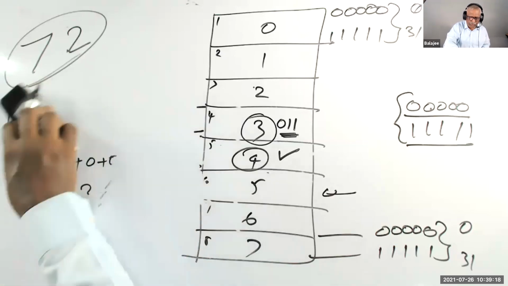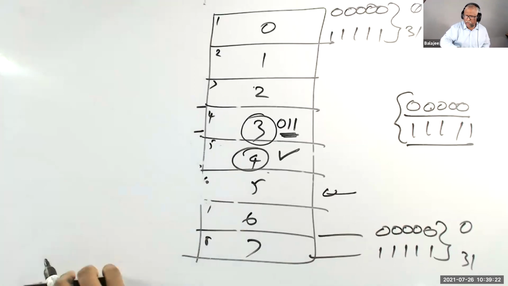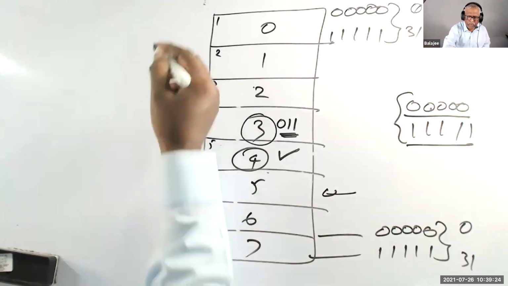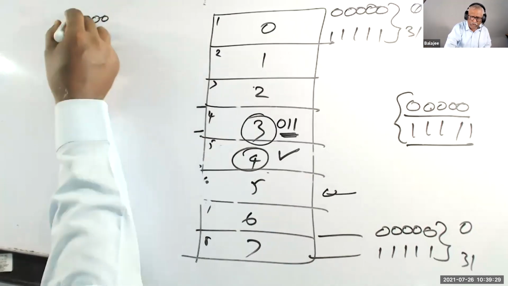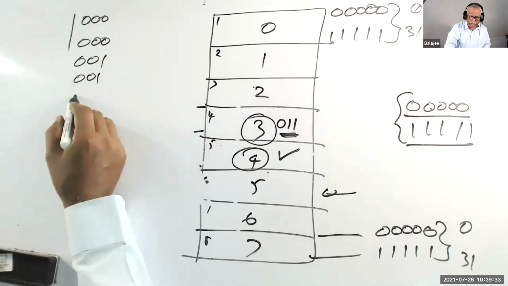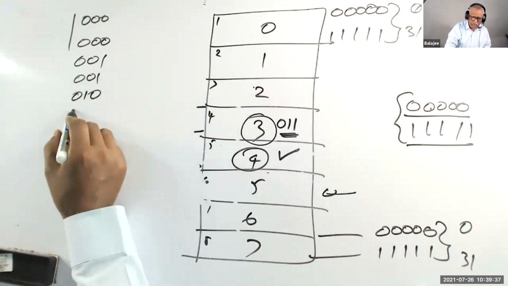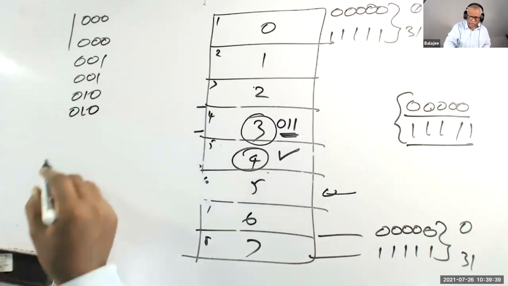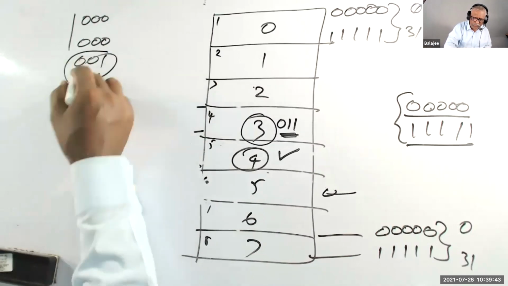But first of all, you have to make sure how we do this, the whole formula. So we have to write 000, block 0, then 001, block 1, and so on. This has to be written by you.